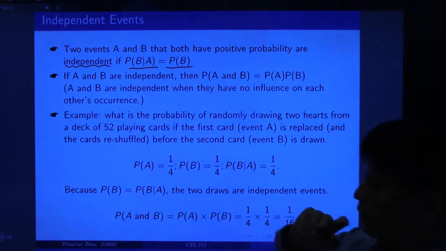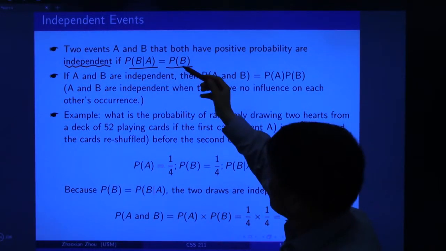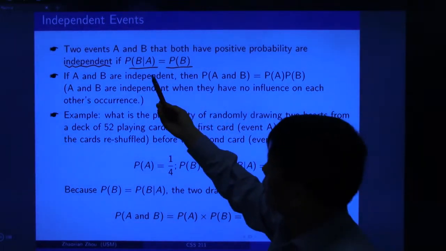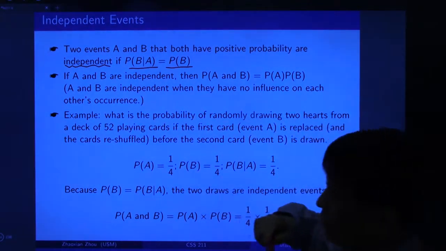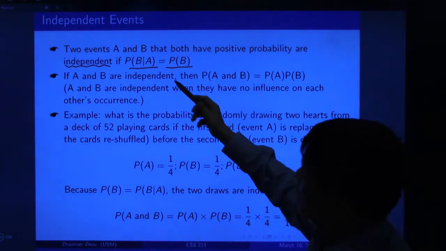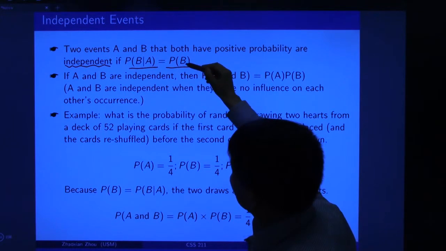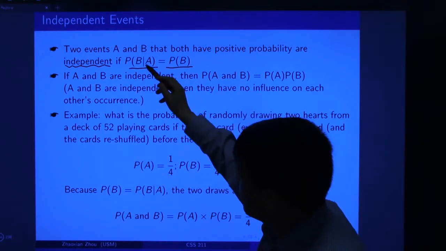How to understand this? A and B are independent. That means the probability of B will be equal to the probability of B on the condition that A occurred. Here we don't care whether A occurred or not, but this one is the probability of B with the condition that A occurred.